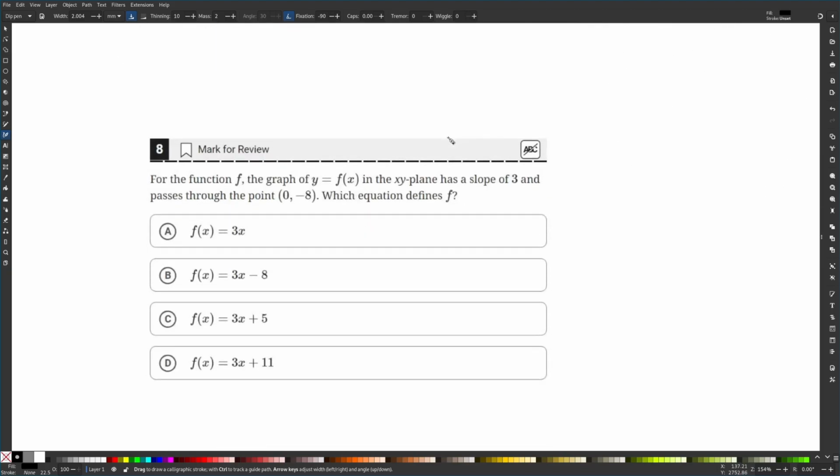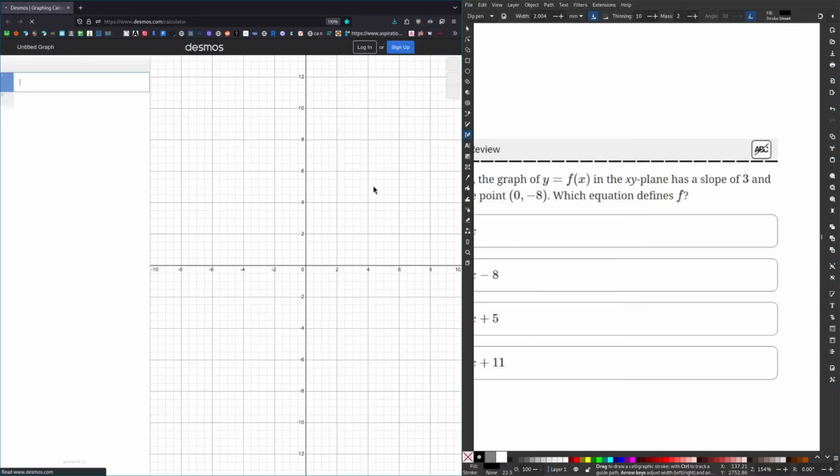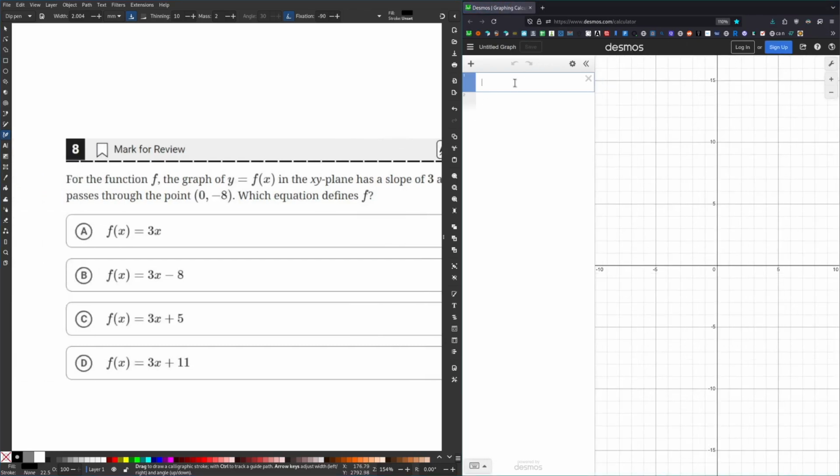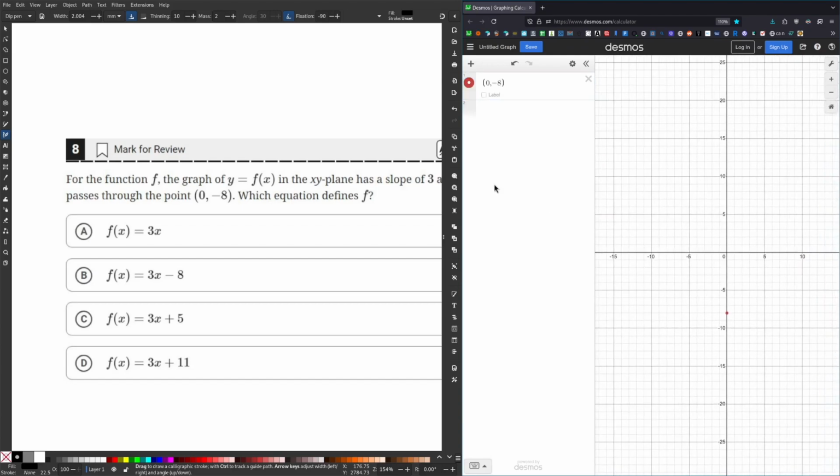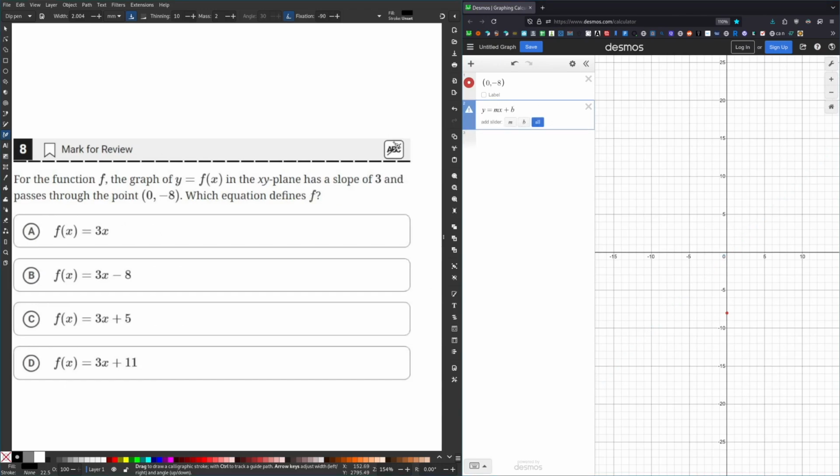For the function f, the graph of y equals f of x in the xy plane has a slope of 3 and passes through the point 0, negative 8. Which equation defines f? Okay, for this one, you could use a calculator if you're not sure what it's talking about. 0, negative 8. Okay, we know a line is of the form y equals mx plus b.